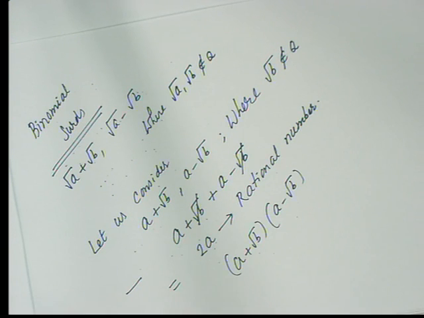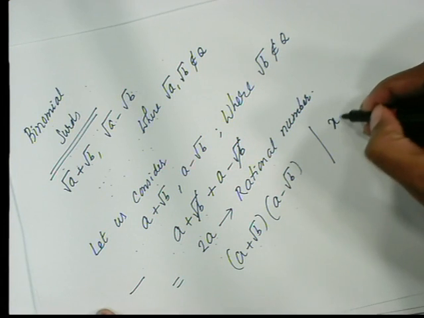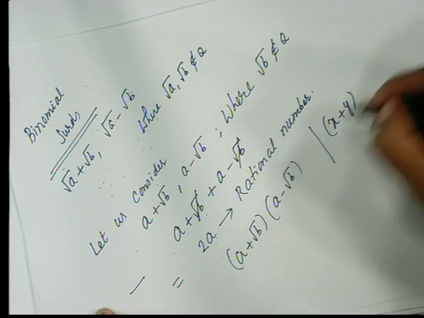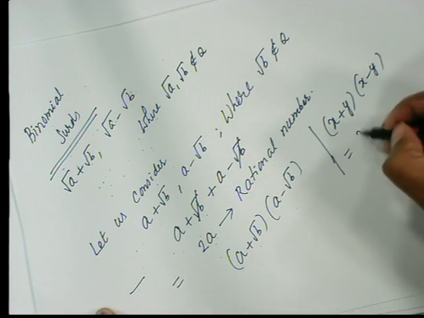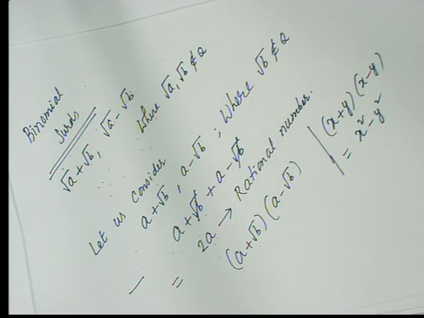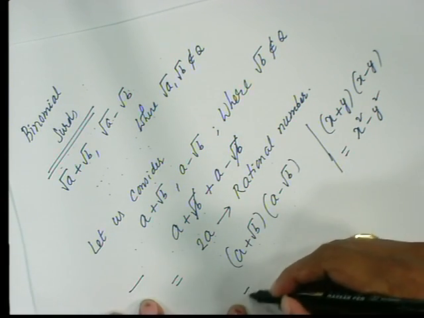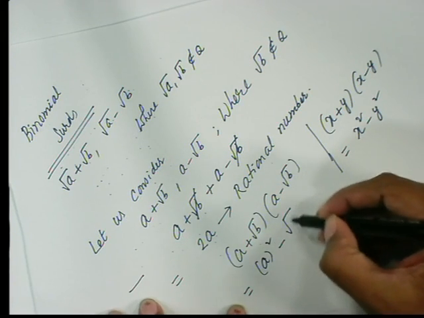This can be multiplied using one of the important algebraic identities, that is, x plus y multiplied with x minus y equals x square minus y square. Here x stands for a, y stands for root b. So this can be written as a square minus root b square.